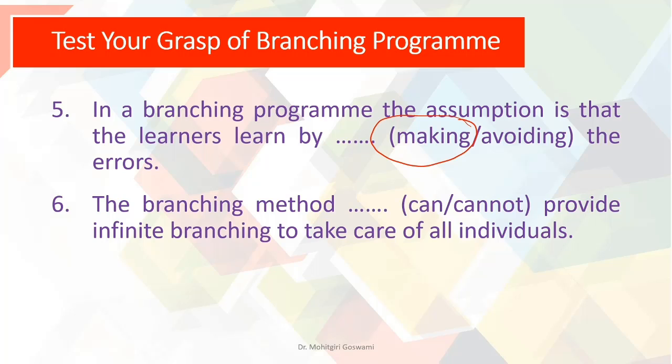The branching method blank provide infinite branching to take care of all individuals. Yes, the answer is cannot. The branching method cannot provide infinite branching to take care of all individuals. So there will be two or three subframes which the learner can revise if he is answering false. But there can't be infinite branching to take care of all individuals.